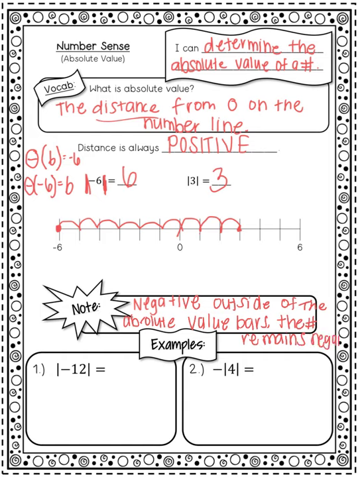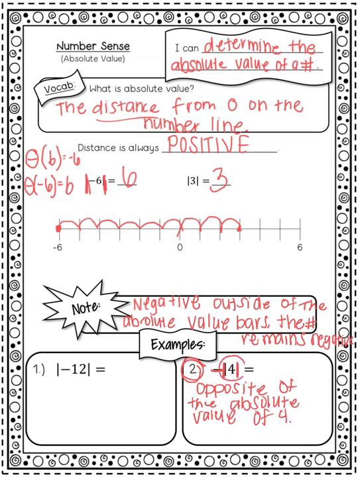Let's look at example number 2 first. These bars are saying absolute value, yet this negative sign is saying opposite. So if I was to read that problem, it would say the opposite of the absolute value of 4.